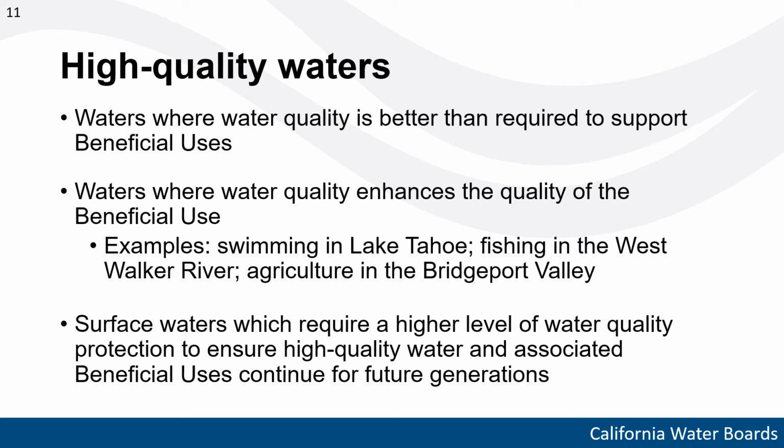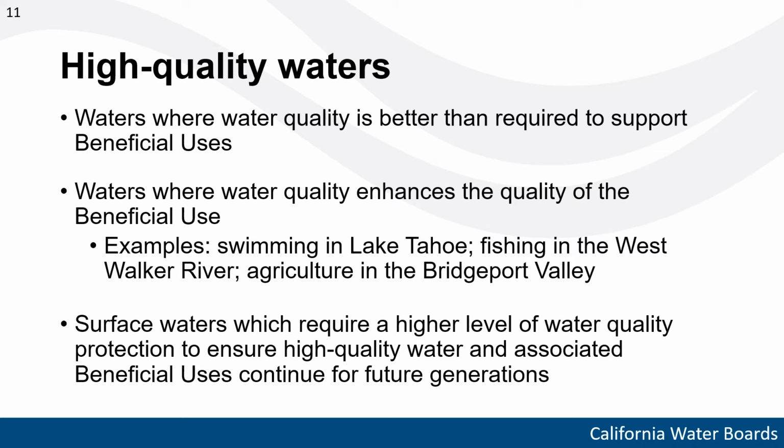Examples might include swimming in Lake Tahoe or fishing in the West Fork River. These waters require a higher level of water quality protection to ensure that high quality water and the quality of the beneficial uses associated with that water continue over time.